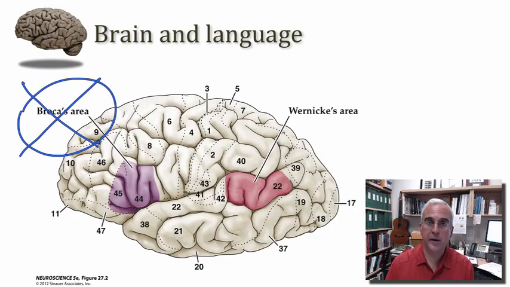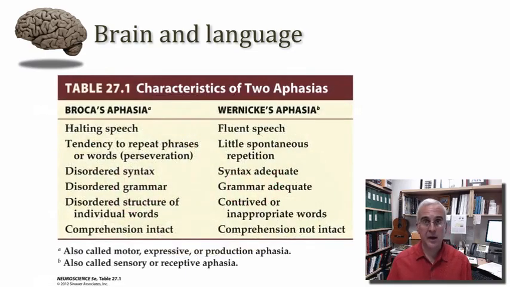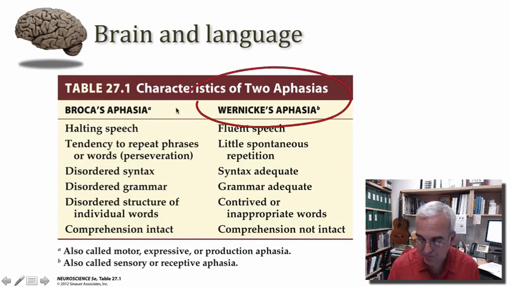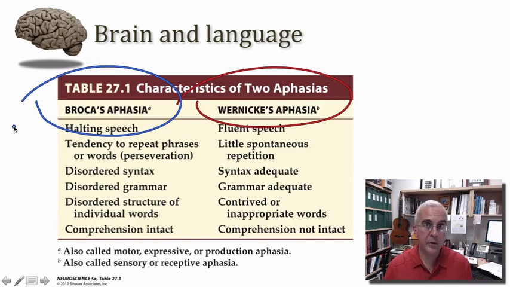So it's critical for anyone headed towards a career in the health professions, or indeed practicing in the health professions, to be able to differentiate between two forms of impairment that are associated with these critical language areas in the human brain. An impairment of language function is called aphasia, and if the impairment is afflicting the lateral temporal cortex, then we call this Wernicke's aphasia. If the injury is to the inferior frontal gyrus, then the aphasia that we would expect is called Broca's aphasia.